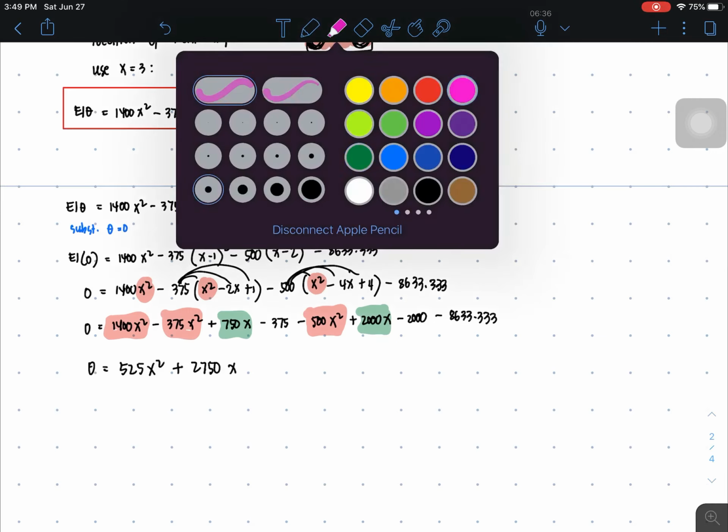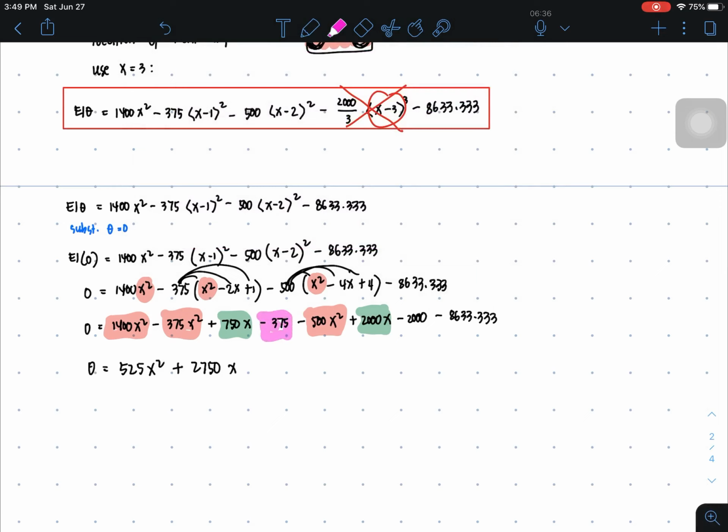And for the last one, the whole number, the constants. I'm doing it this way so I won't get confused. This is negative 375 and 2000 and 8633.333. So we'll have negative 11,008.333.